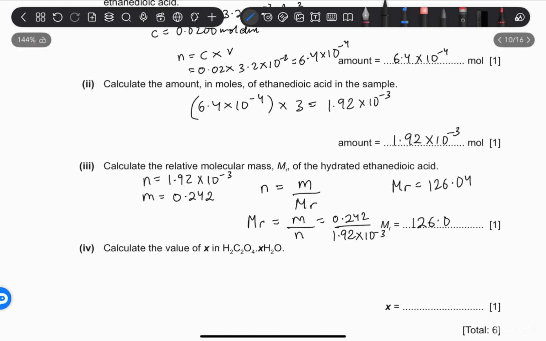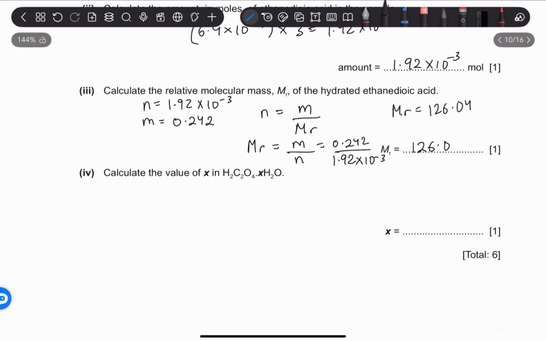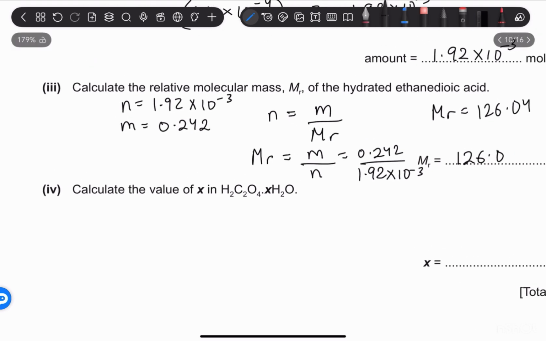That's our molar mass. And now we're supposed to calculate the value of x in H2C2O4 times xH2O. What we have to do here, we have the molar mass of this entire compound. That is 126.0.